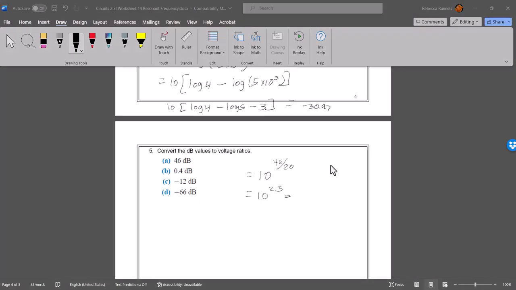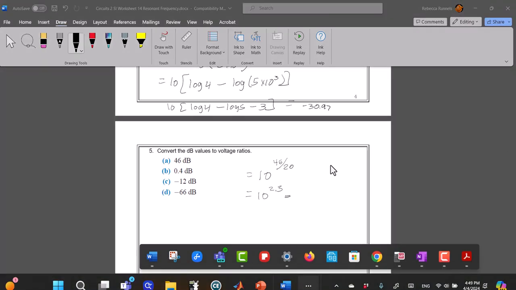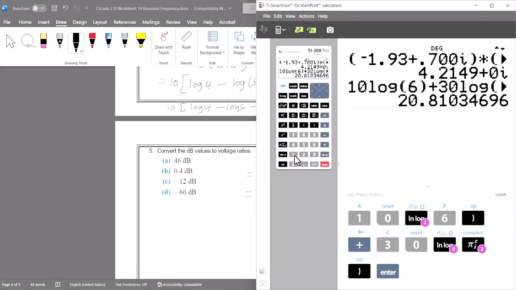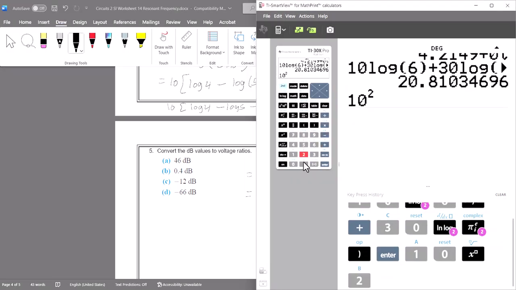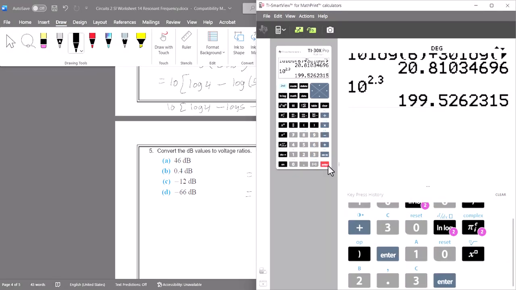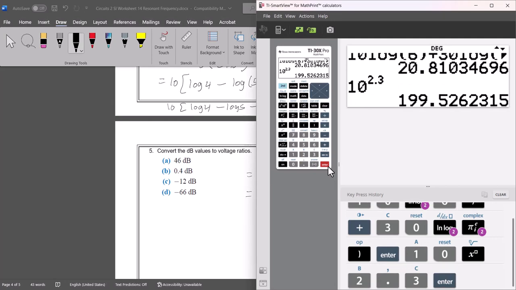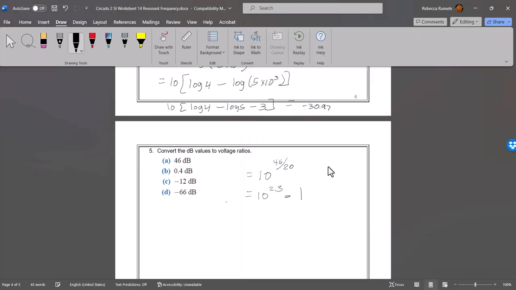I don't know if I believe that. Let me check that. Notice the 0.3. Oh, it did. I was getting confused. Okay, yeah. So 199.5 for part A, and then for part B, let's just go on to D.